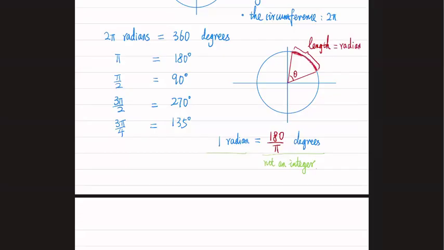In particular, this one radian corresponds to the arc of length 1. If the length is 1, then this angle is what we're looking for. If you can find a piece of the circle with length 1, the corresponding radian will be 1.